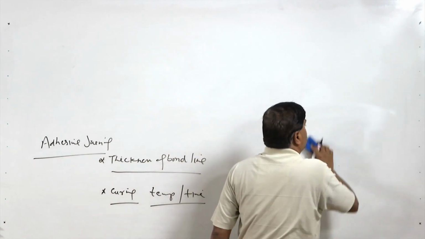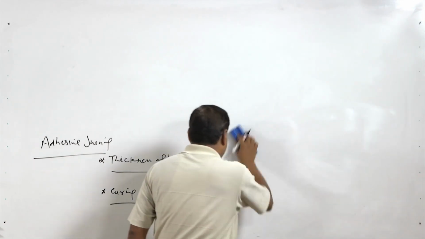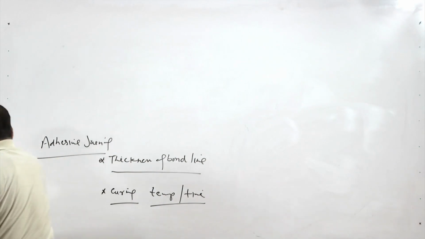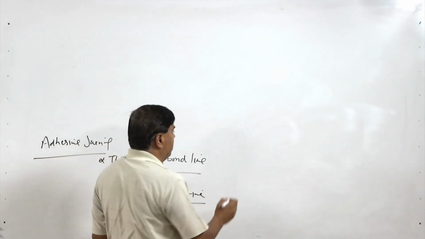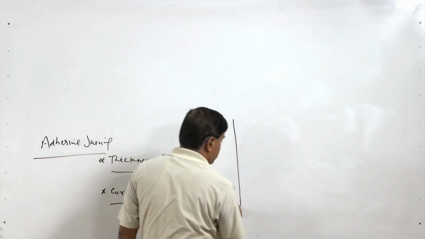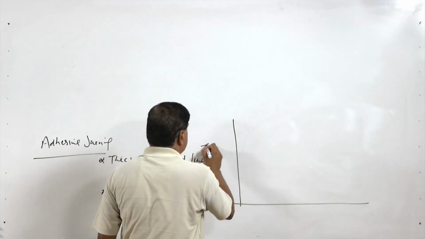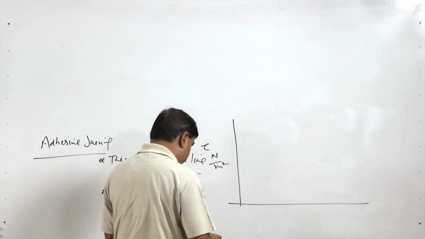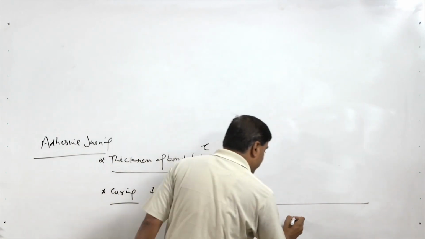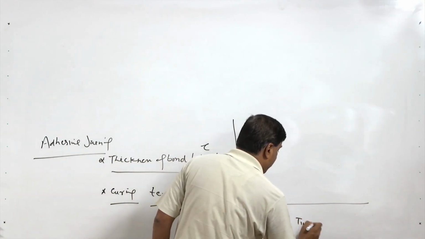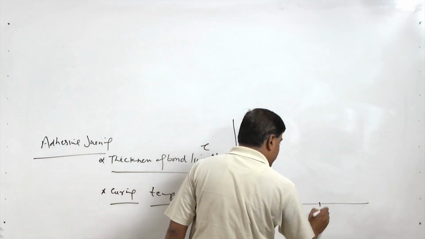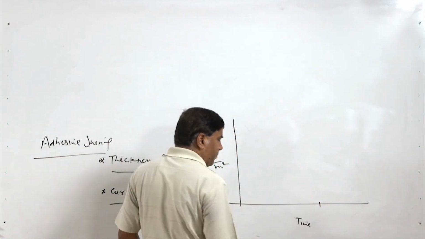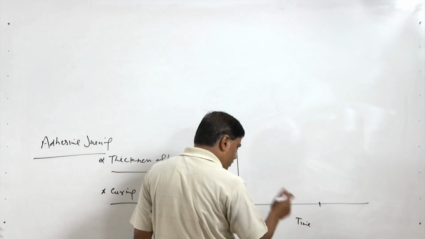So, now we will see one more diagram where we will be seeing the effect of the curing time and temperature on the shear strength of the joint. So, shear strength of the joint in Newton per meter square. If you see here in y axis we have time, we will be using two scales basically just to show very long periods of curing time.